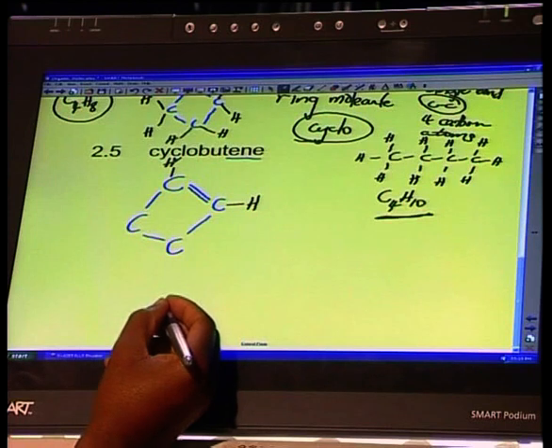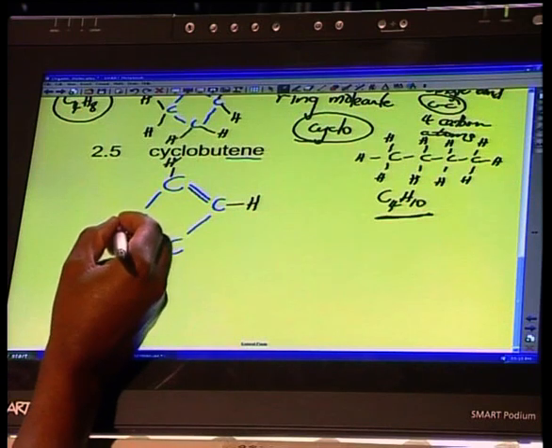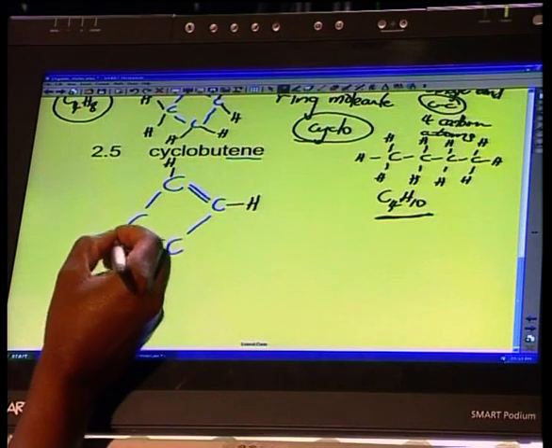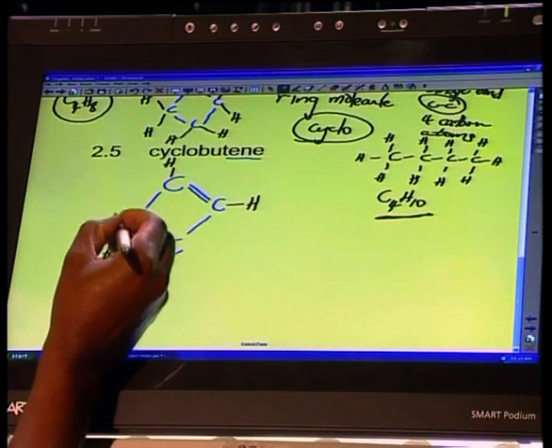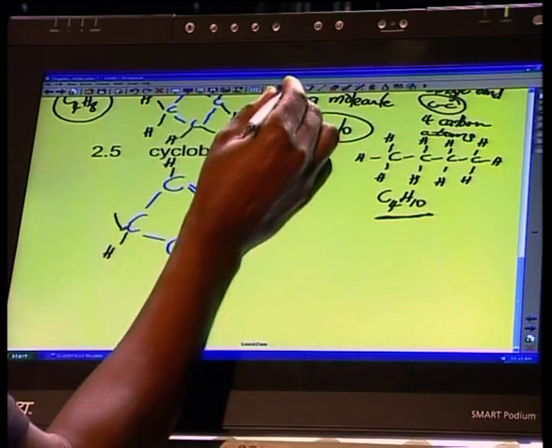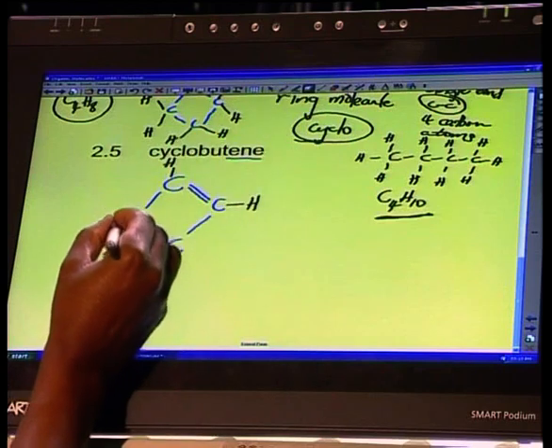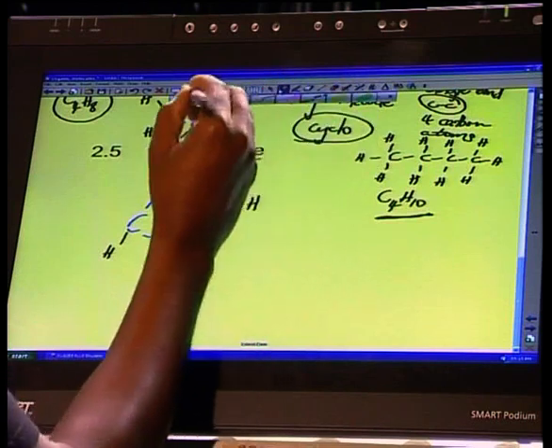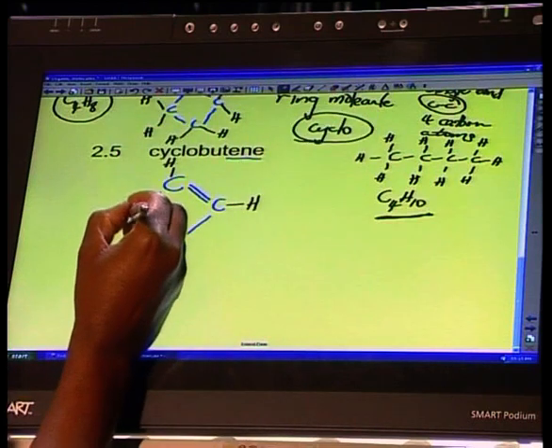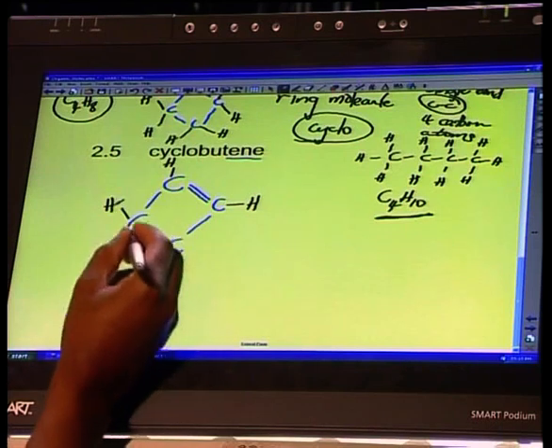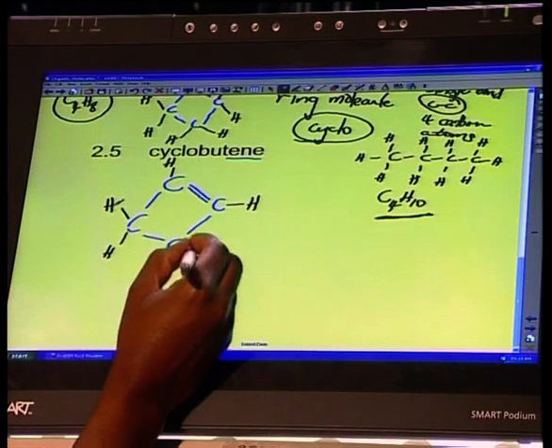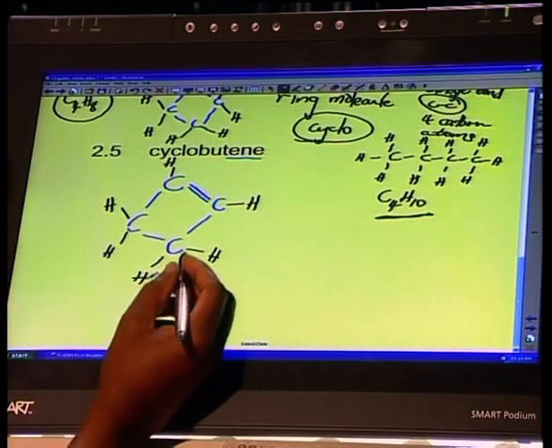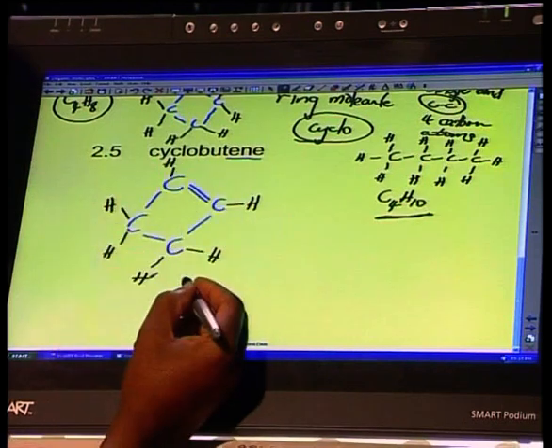Okay, in that way. Then for this one, I still have space, so I can have hydrogen there, and then perhaps another hydrogen up there. Okay, so I can have another hydrogen here for this carbon. And the same thing here, I can have hydrogen there and another hydrogen there. Okay, so that's how it would have happened.